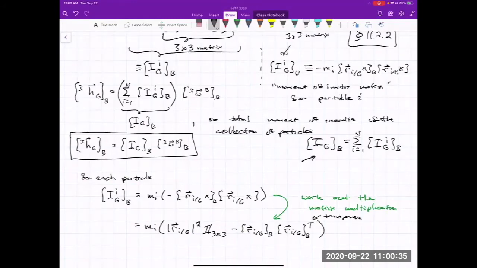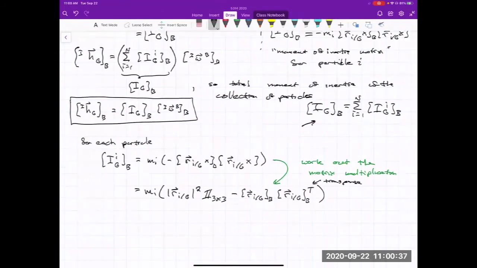We write r_iG as a column vector, and this is the 3 by 3 identity matrix. And if you take the transpose of a column vector, what do you get? You get a row vector. A column vector times a row vector is going to be a 3 by 3 matrix.